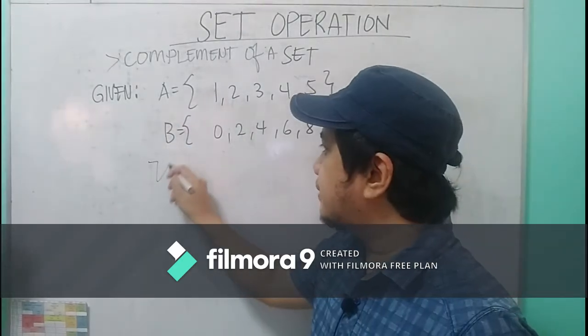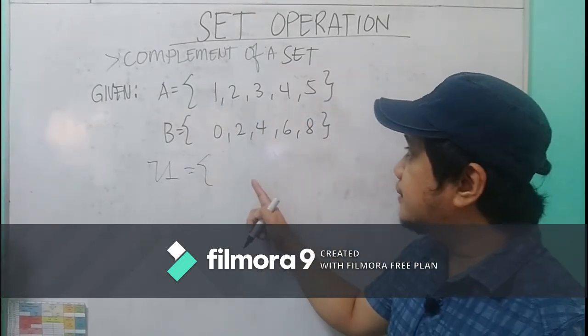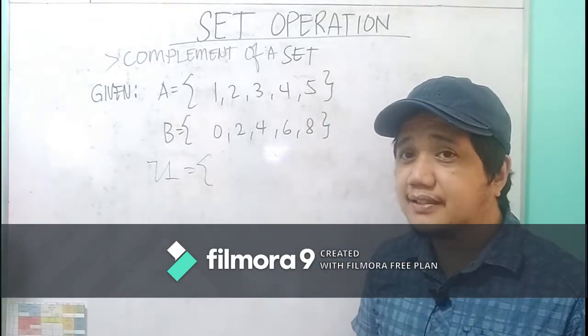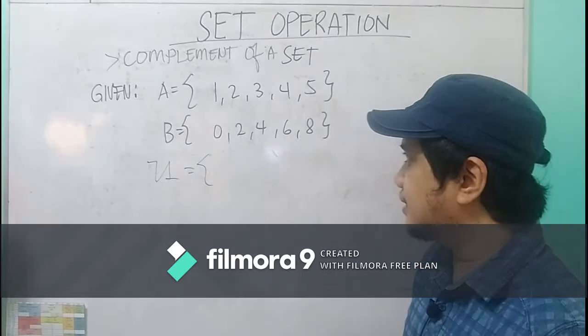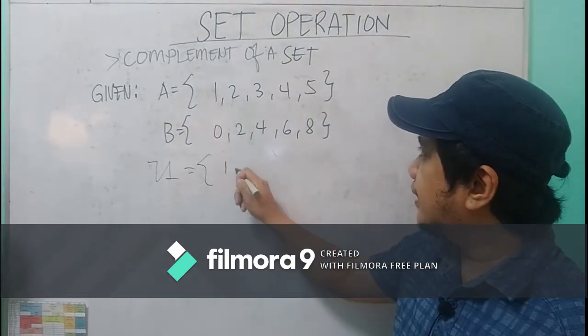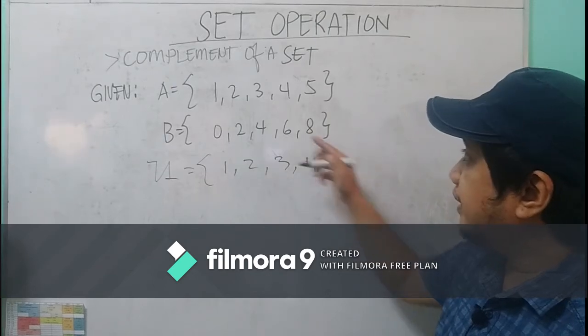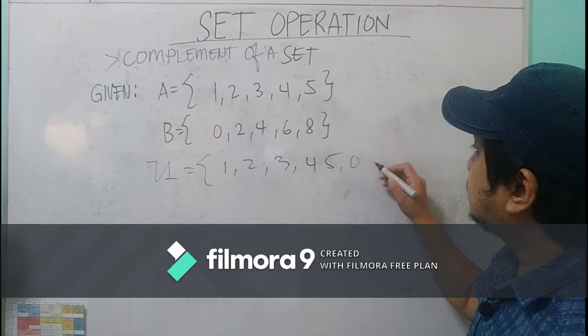Simply rewrite the elements that are in A and in B, disregarding the repeated elements. We will just write those repeated elements once. So we have 1, 2, 3, 4, and 5 as the elements of A, and we have 0.